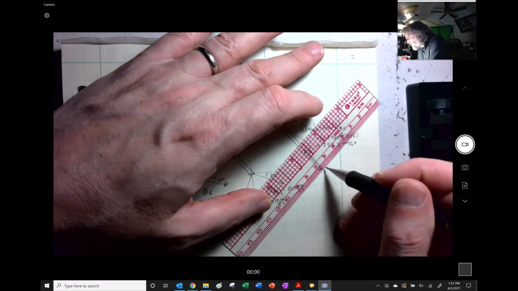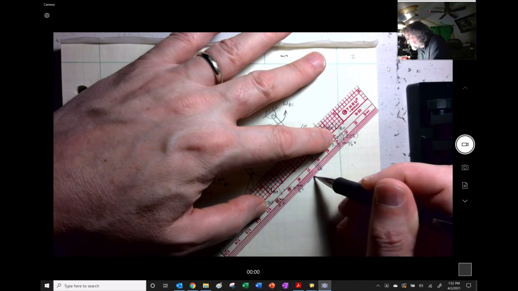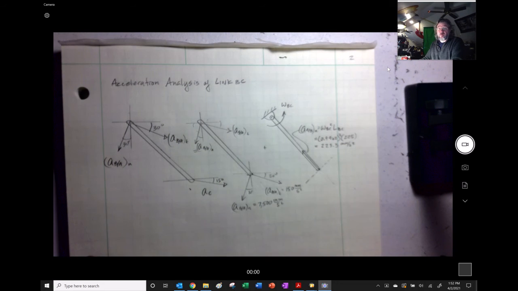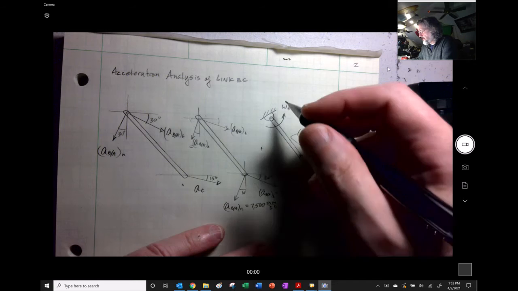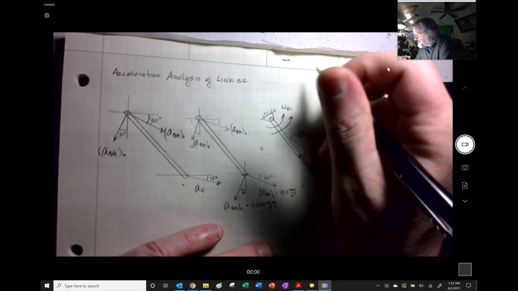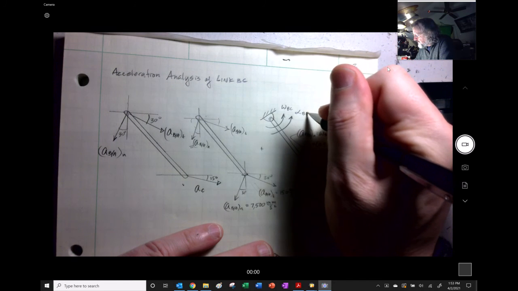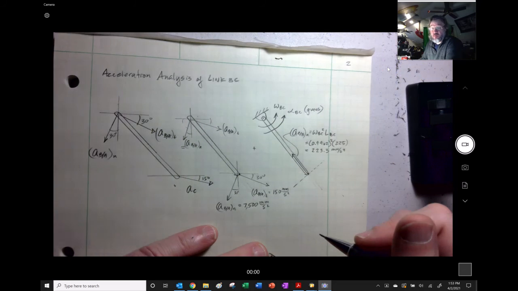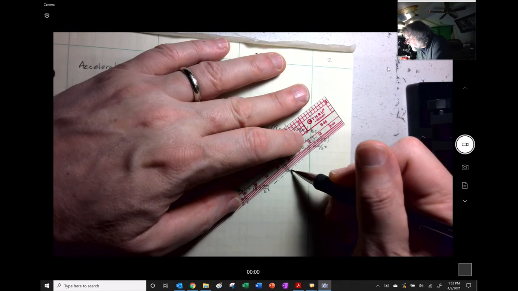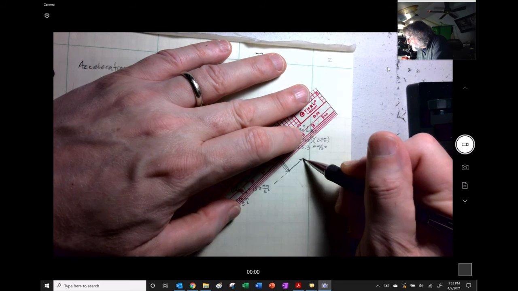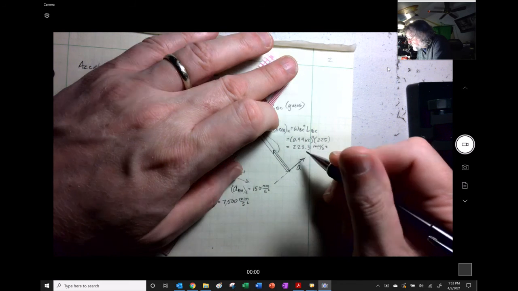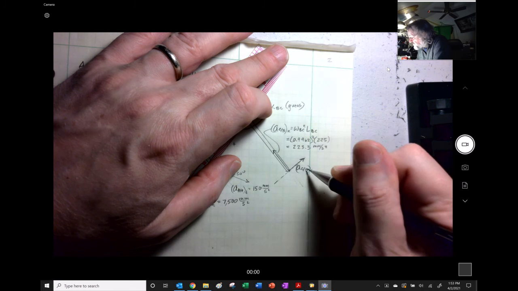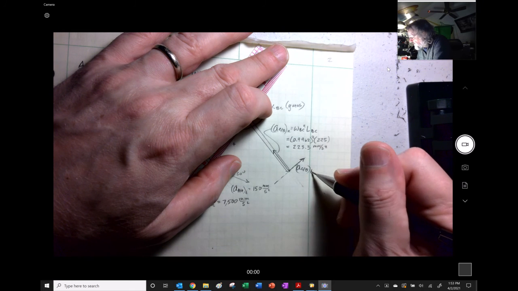Now this is 45 right here, so this too is 45 right here. And I'm going to go ahead and guess my alpha BC is going to go counterclockwise, and therefore I'm guessing my acceleration of C with respect to B in the tangential direction is going to be in that direction.